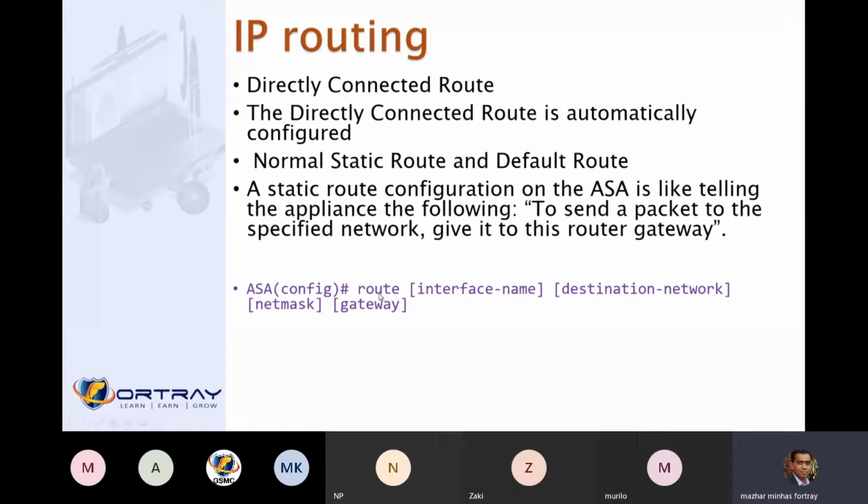In ASA, we use route, then the interface name, destination network, mask, and gateway. Clear? In a Cisco router, we just say ip route, network, subnet mask, and the next hop IP.